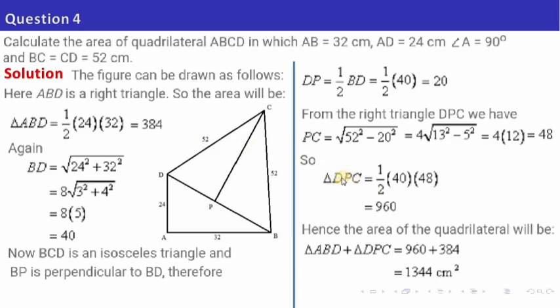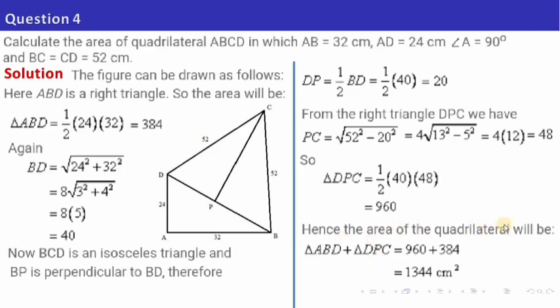Instead of writing triangle DPC, you can write DBC. If you write DBC, then this becomes your base and this becomes your height. Now base is 40, right, and height is 48. So don't write DPC, write DBC. Again here also you have to write DBC, not DPC.